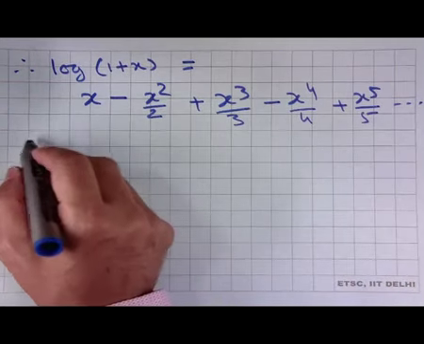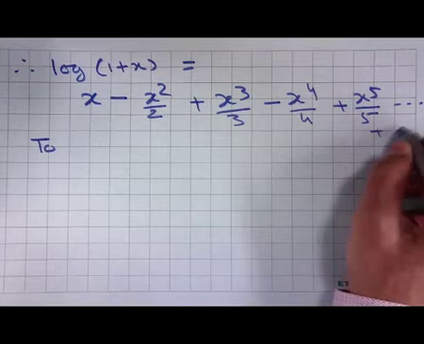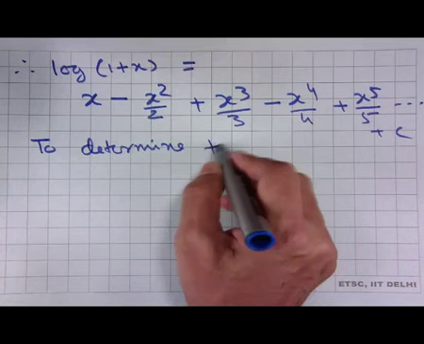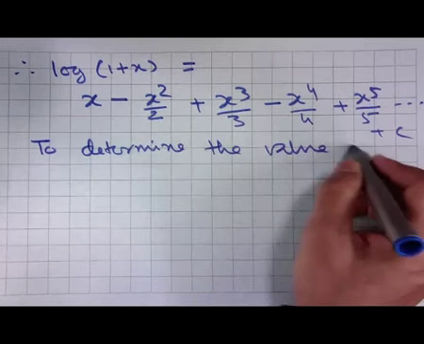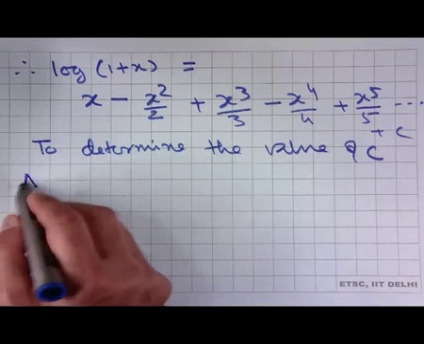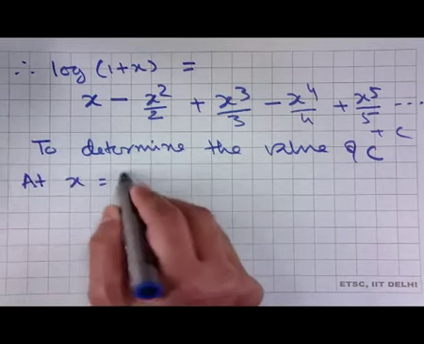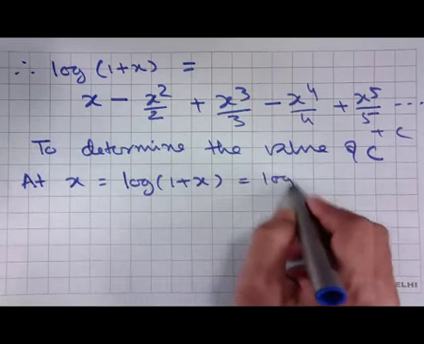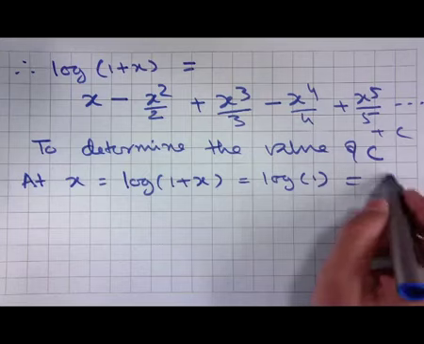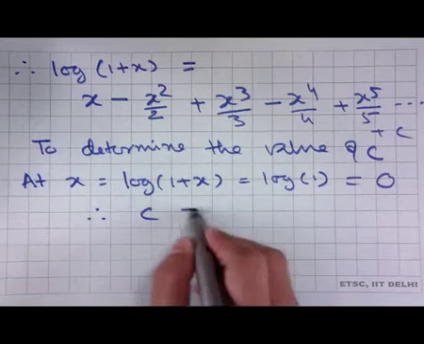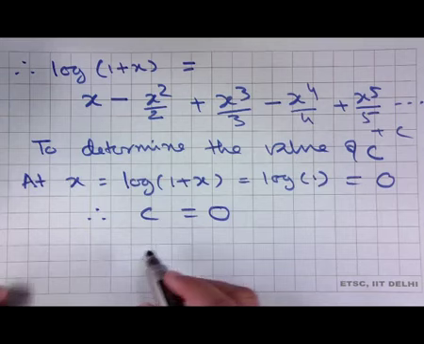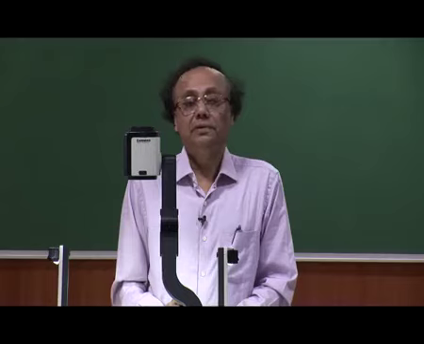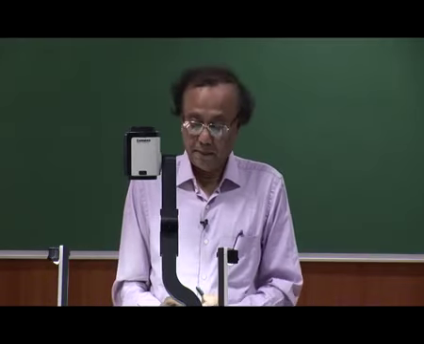Only thing left is to determine the value of C. At x is equal to 0, log of 1 plus x is equal to log of 1, which is equal to 0. Therefore, C is equal to 0. Therefore, we get the above series as the expansion of log of 1 plus x.